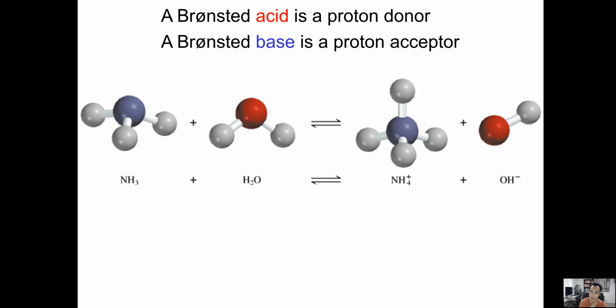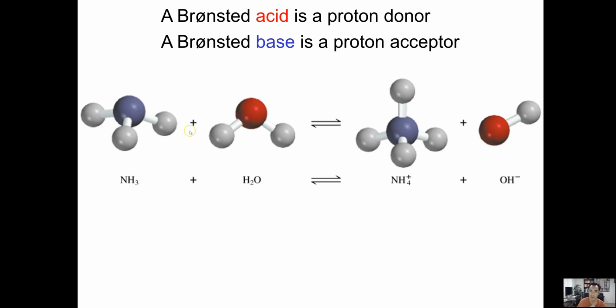Okay, so this is the part where it gets very confusing, but at the same time important, is that there are actually multiple definitions of what an acid or base is. A Bronsted acid is considered to be a proton donor, and a Bronsted base is considered to be a proton acceptor. In this specific case, I have NH3 and H2O.